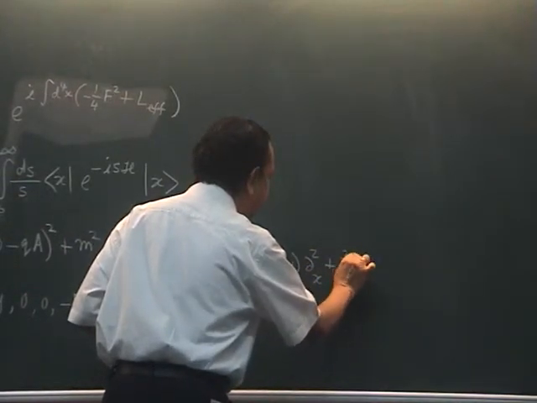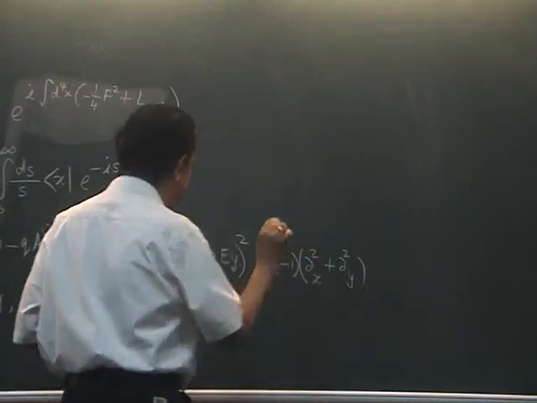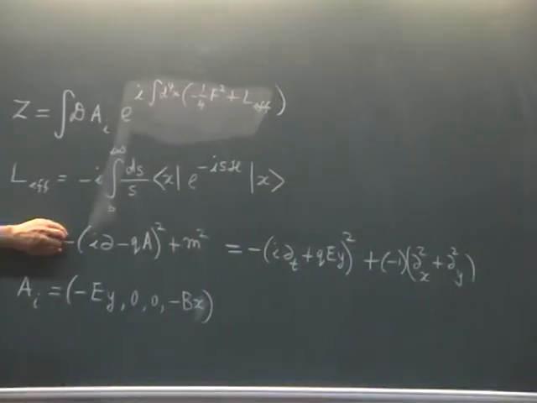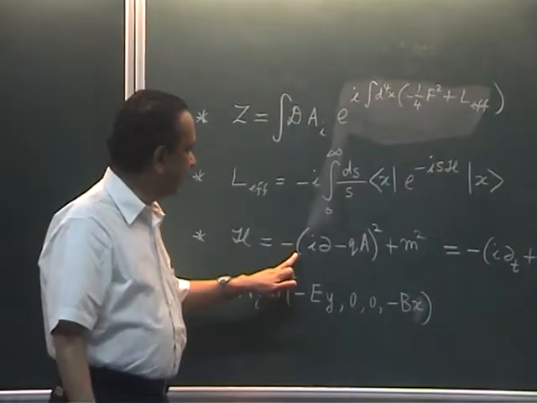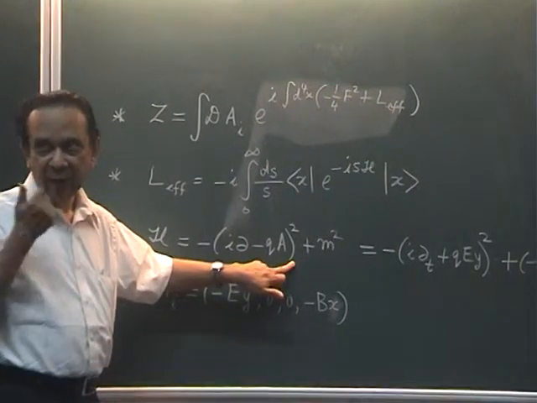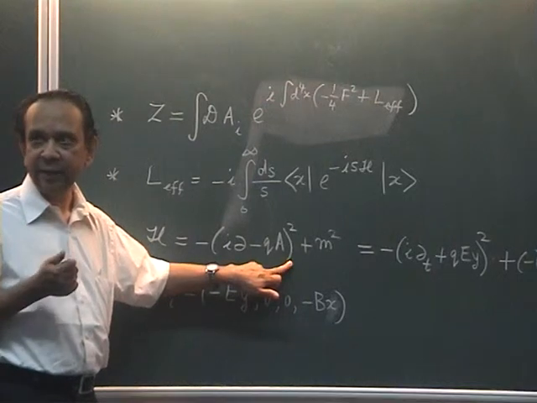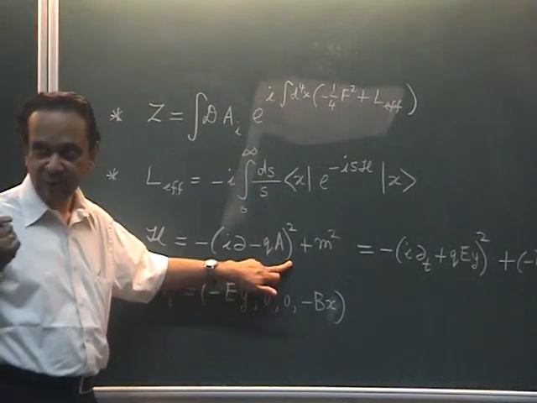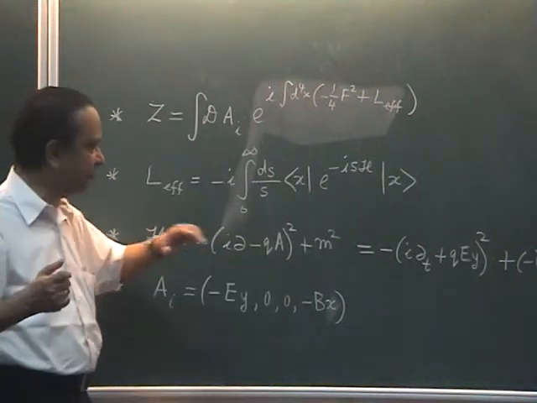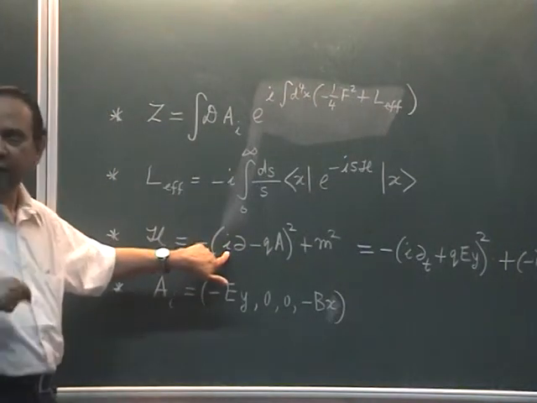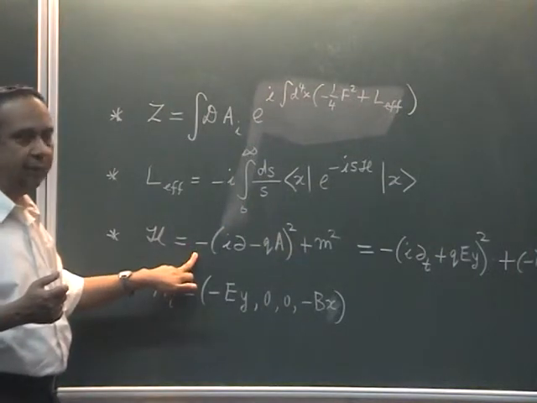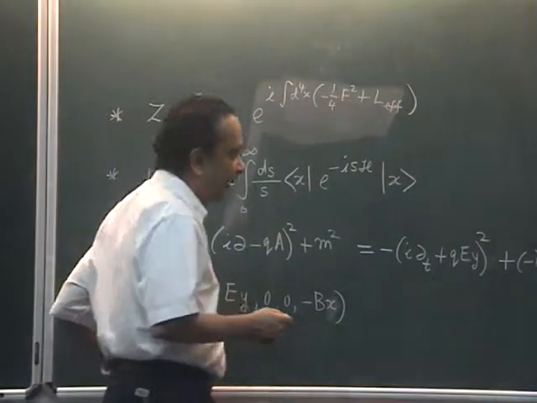This is the part where we want to make sure that the signs are correct. What I am saying is that there is an overall minus sign here. Let's forget about that. Then this square itself will give me a minus sign because I am taking spatial things and I am taking a signature which is plus minus minus minus. So there will be one minus sign from this. Then this I square will give you another minus sign. So that is positive. But there is an overall minus sign. Okay, that is exactly what we have here.